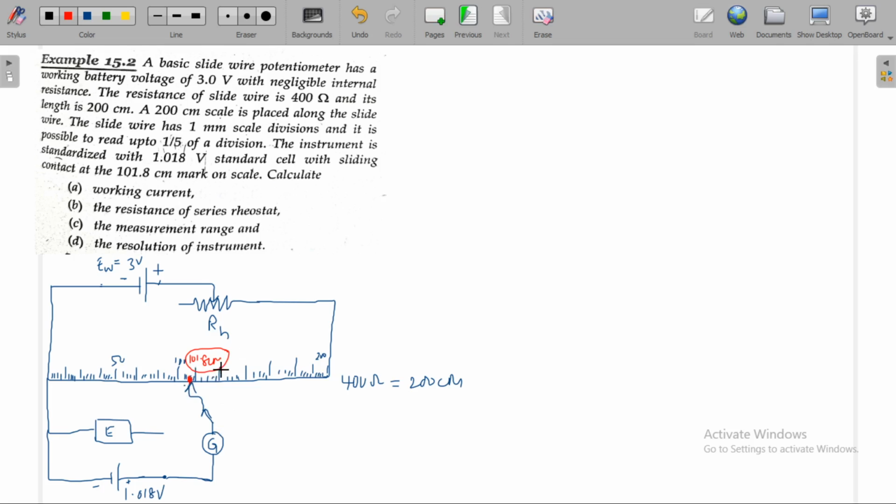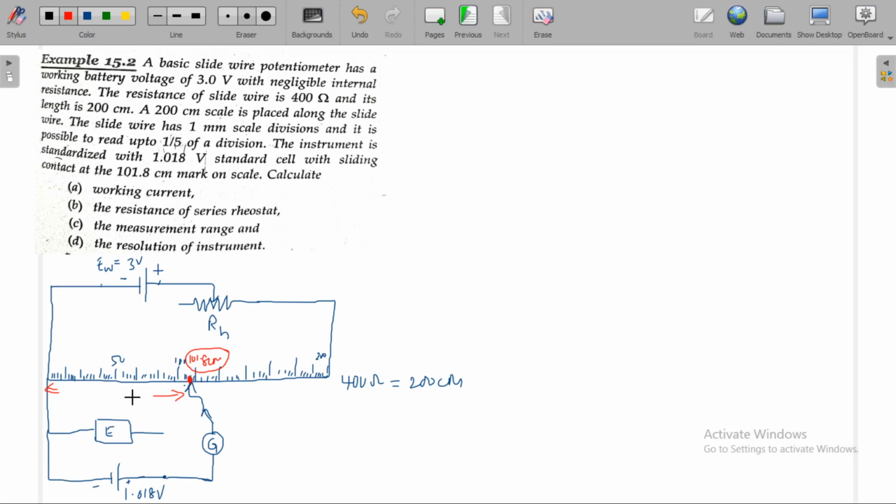So the voltage across this portion of slide wire is equal to voltage across this.